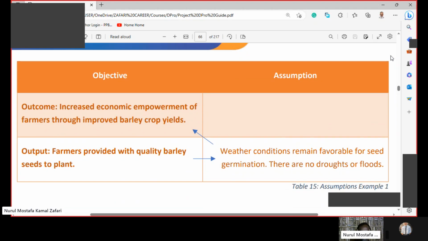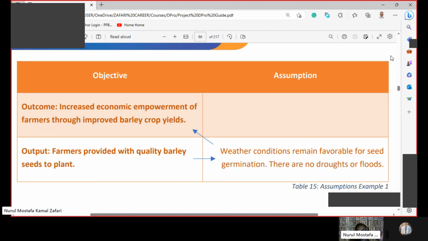So, dear colleagues, here is a real-life example. Let's think about the output level and outcome level.